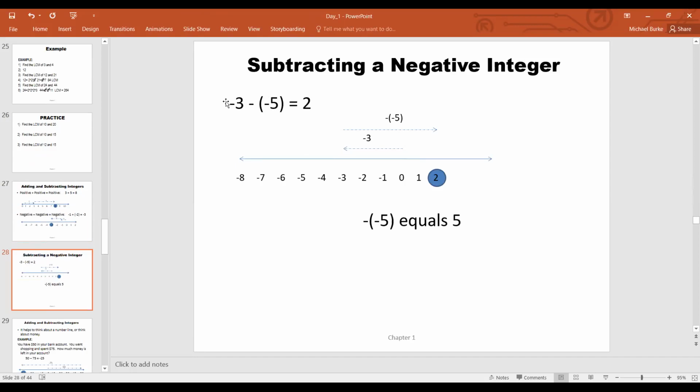So now we are at -3 plus 5. So we start at 0, move 3 to the left, and then starting there, we move 5 back to the right to come up with 2. Because minus a minus is a positive. Now, plus a plus is not a negative, so don't ever make that mistake.